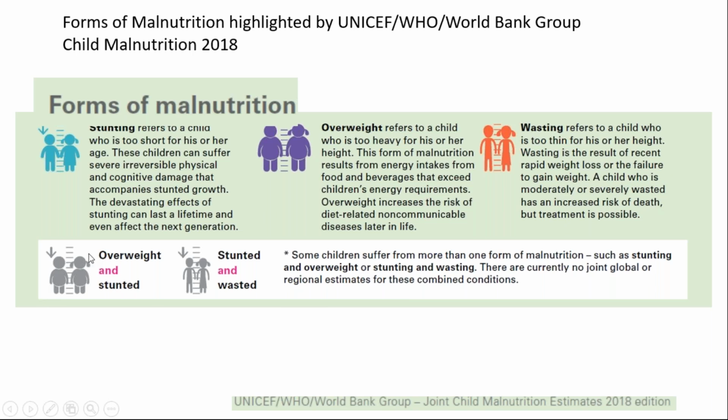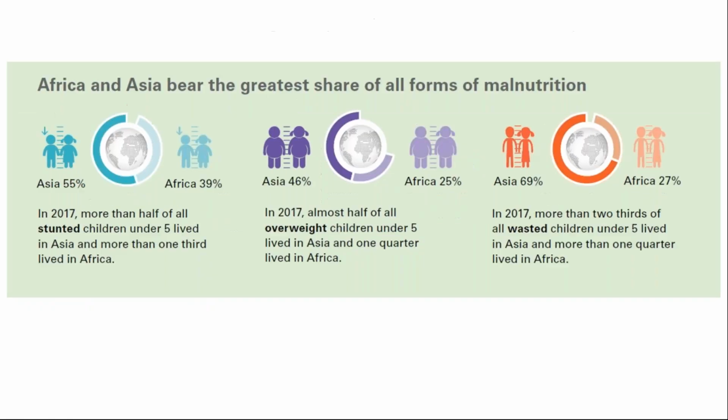So you have underweight, or wasting, and you have overweight. It could be overweight and stunted, or stunted and wasted. So these are all the forms of malnutrition in a survey by WHO.